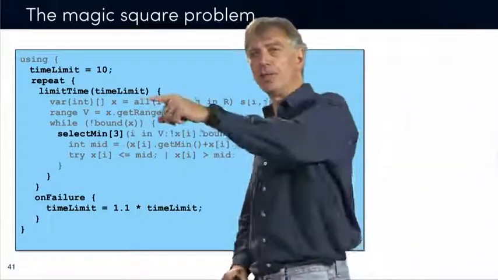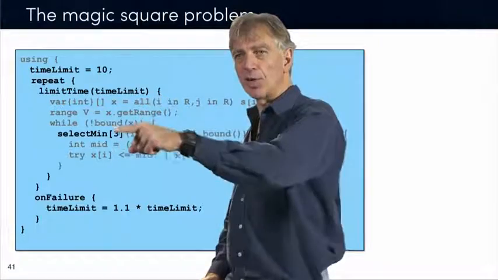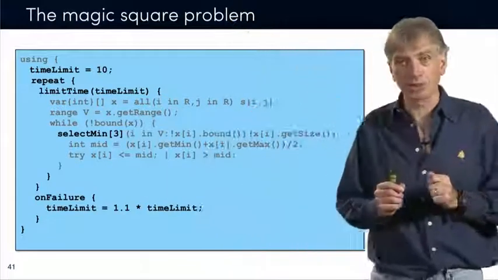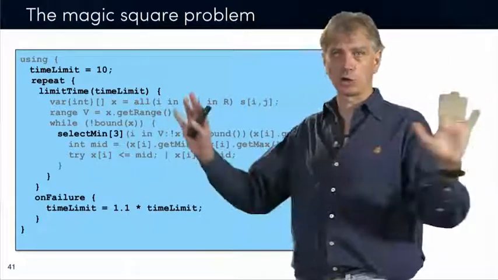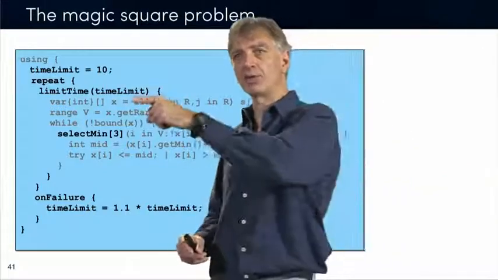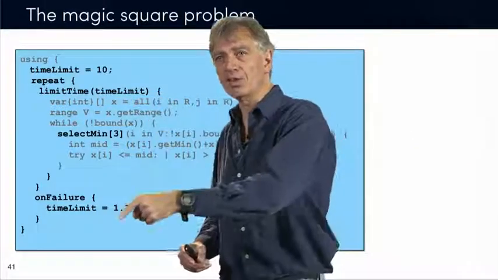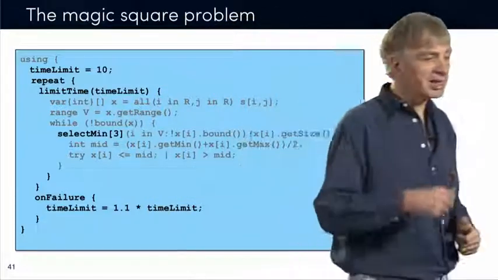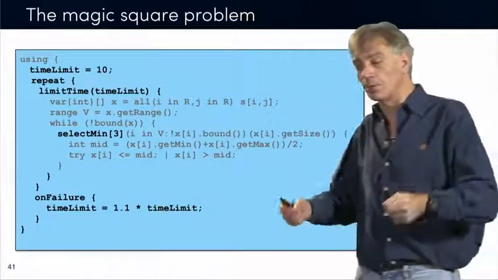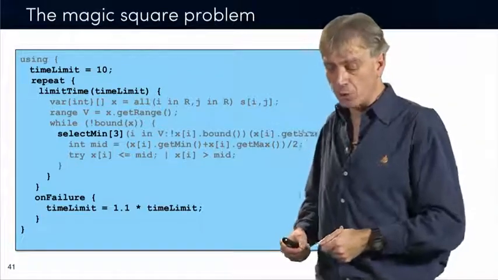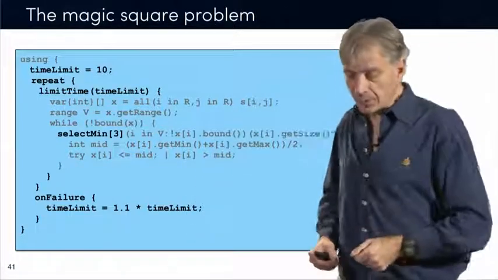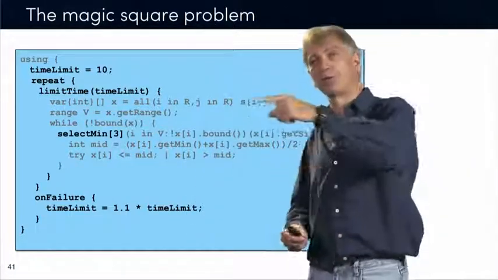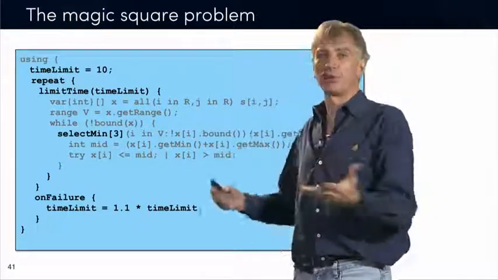So we do the search here. It's randomized, so we pick the variable ordering in a random fashion. If we find a solution, great. If we don't, after a certain time we restart, we increase the time limit, and we re-execute this procedure, which means we find another random ordering for these variables. We search with that particular random ordering, and if we find a solution, great.